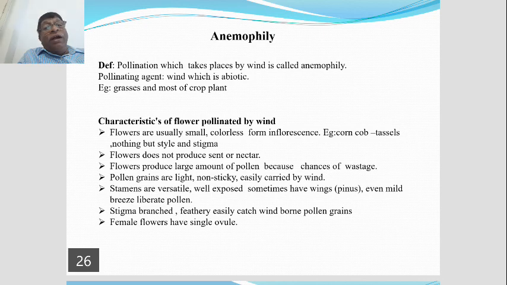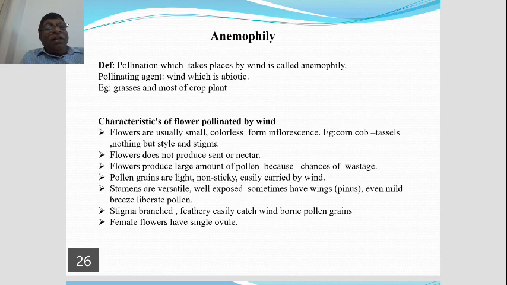A very important factor, because every chance of wastage of pollen grains will be there. Whenever the wind blows at a faster rate, the pollen grains are carried away from the plant. To avoid that, they produce a large quantity of pollen grains. When compared to that, in the female flowers, ovules are produced in less number.